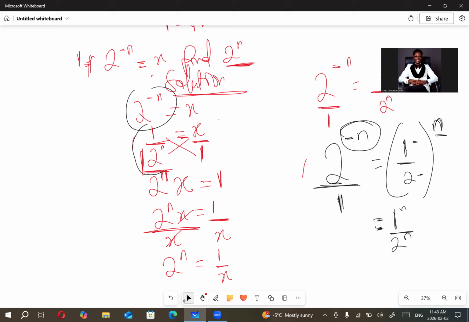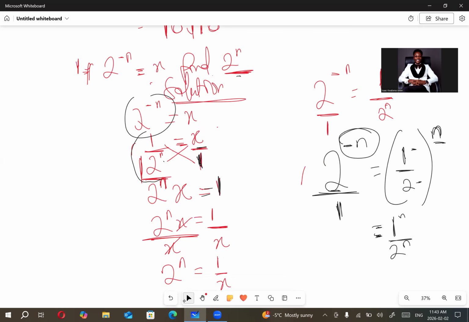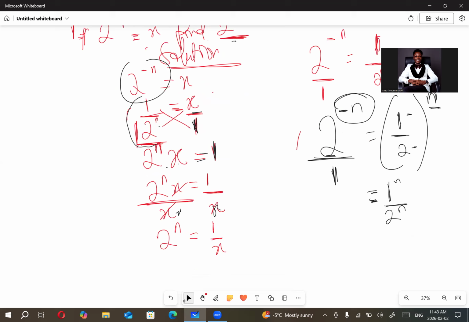So we re-express x as x over 1, and then we cross multiply. 1 times 1 is 1 here, and 2 exponent n times x is 2 exponent n x. The question said find 2 exponent n, so we make 2 exponent n the subject by dividing by the x attached to it. Whatever you do on the left-hand side, you do the same thing on the right-hand side. At the end of the day, you have 2 exponent n equals 1/x, and that's the answer.